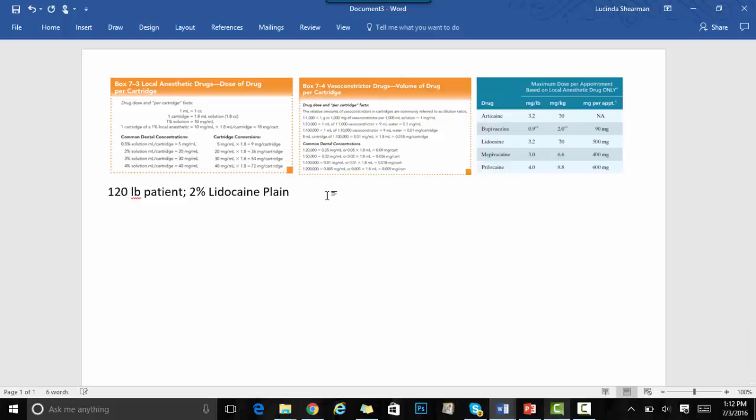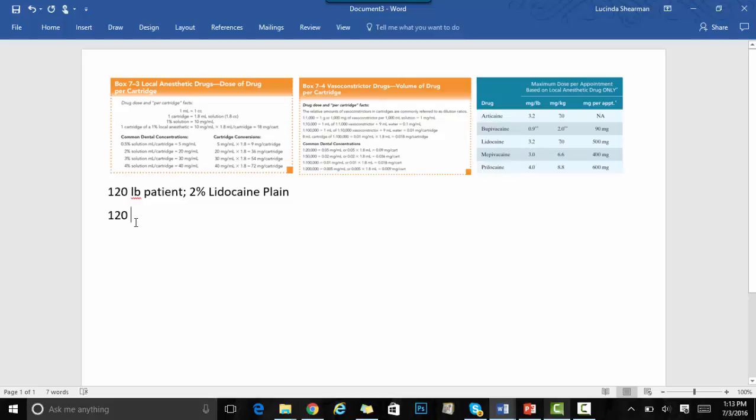So for this example, we have a 120-pound patient who will be receiving 2% lidocaine plain, meaning it has no vasoconstrictor. Let's begin by determining the MRD for this 120-pound patient. So it's 120 pounds. We're giving them lidocaine, and 500 milligrams is the MRD for everyone, but it's 3.2 milligrams per pound.